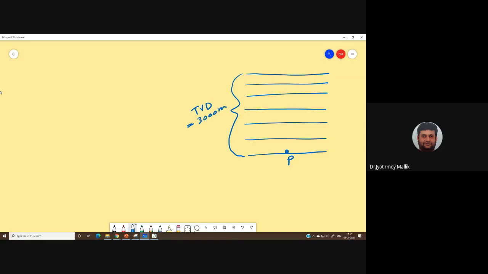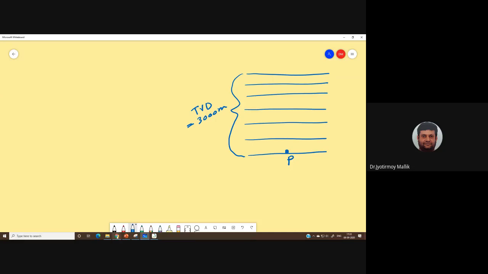So this is my point of observation. And I want to understand what sort of pressures are acting on this particular point.